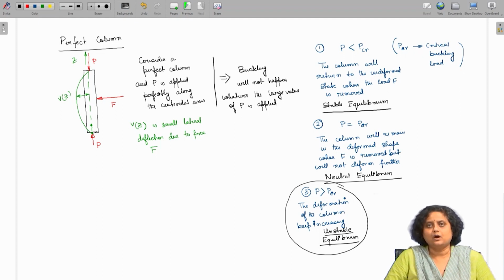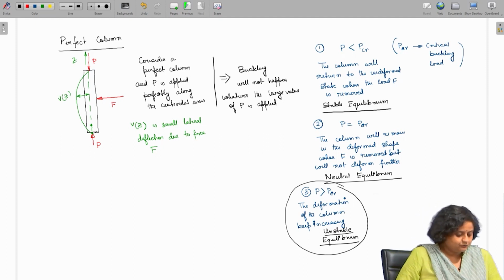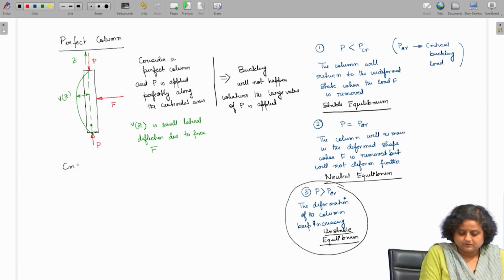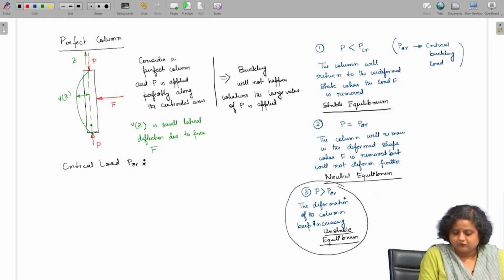So, this is what is of concern, and therefore, it is important to find out what is the P critical for a given column. Now, let us attempt to find out what is the critical load P critical for a pin column.